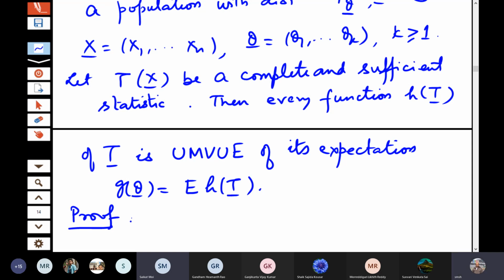Let me first prove this one. The proof is of course not very difficult.